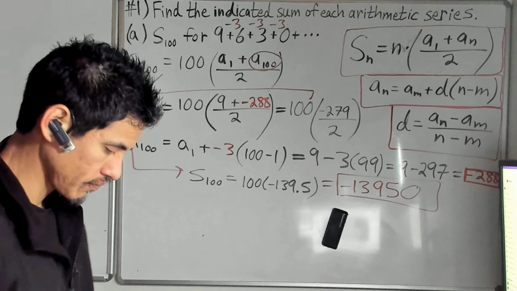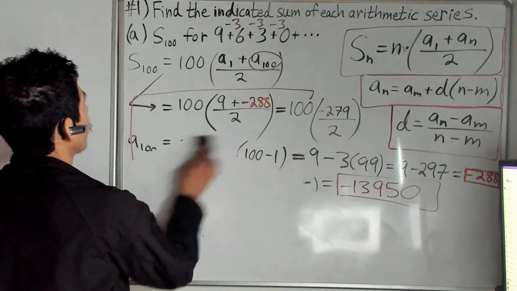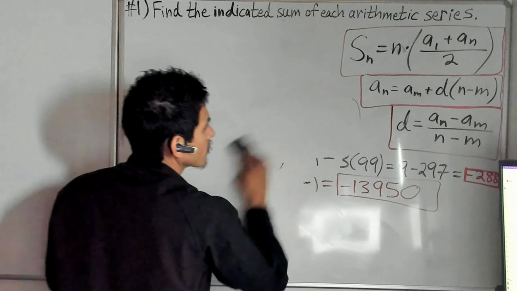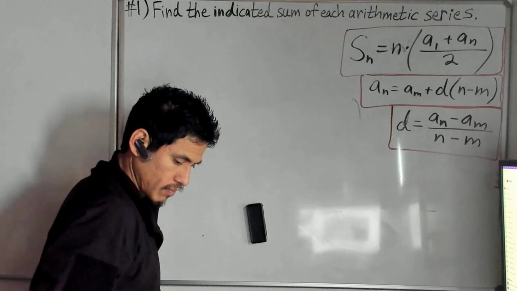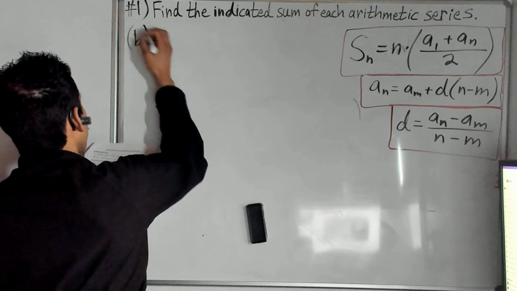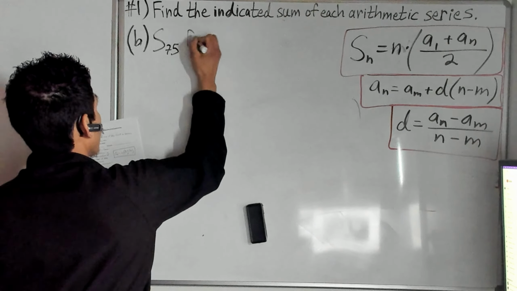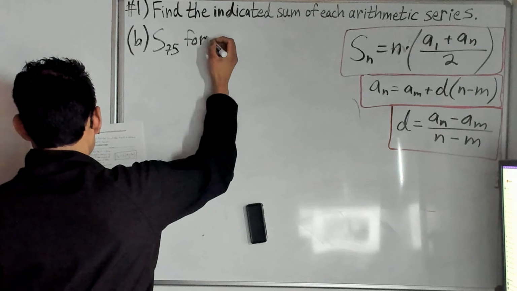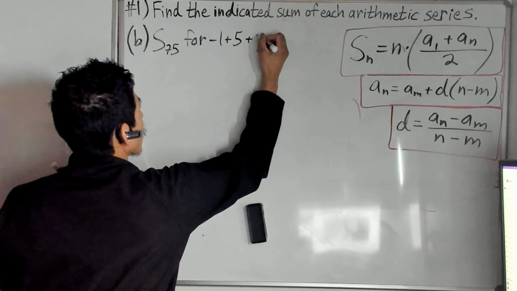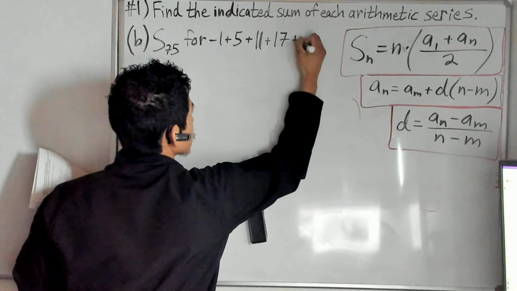But there's another one. So for B, we have: find S75 for -1, 5, 11, -1 plus 5 plus 11 plus 17 plus.